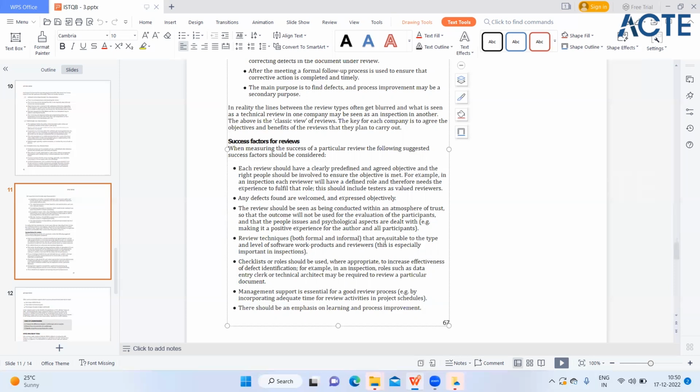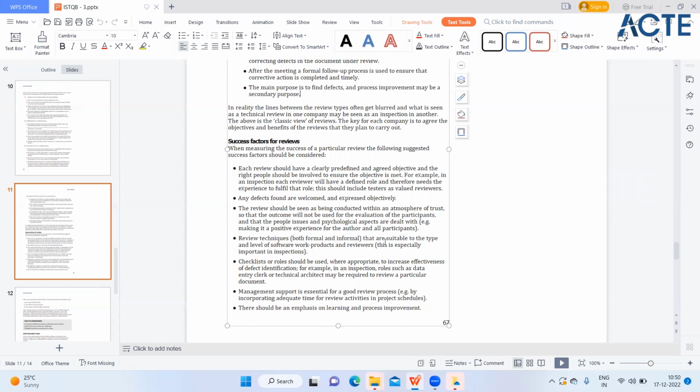Success factors are those factors by which, after the review meeting, we should have some outcome of that review process. For example, maybe you can say we will find the defects, but how many defects are quality defects, or which are actually required to be fixed at the document level.